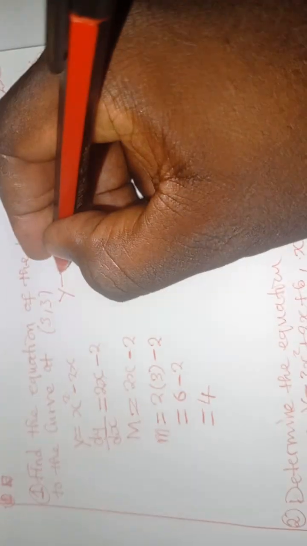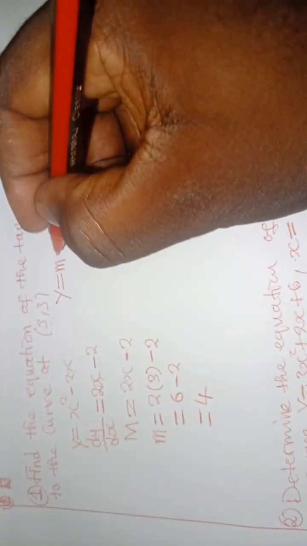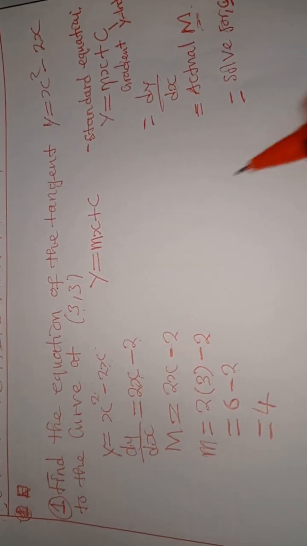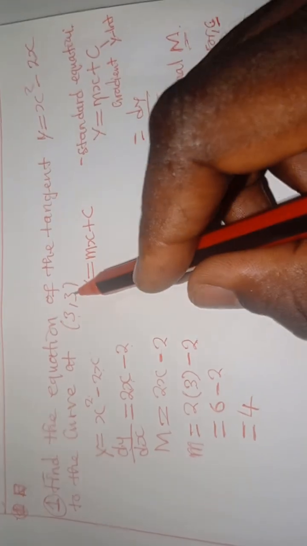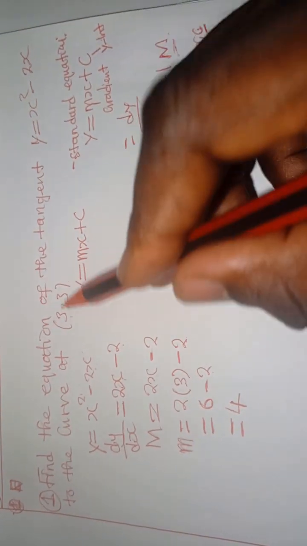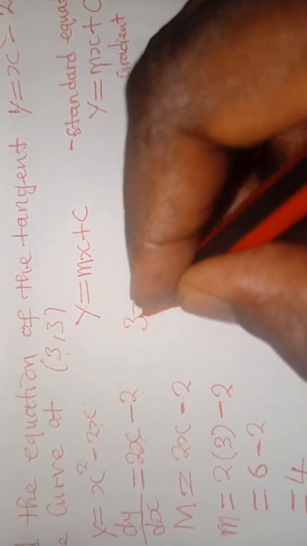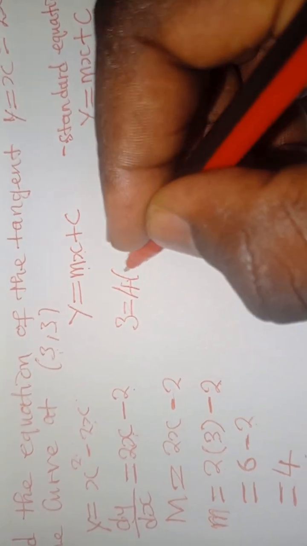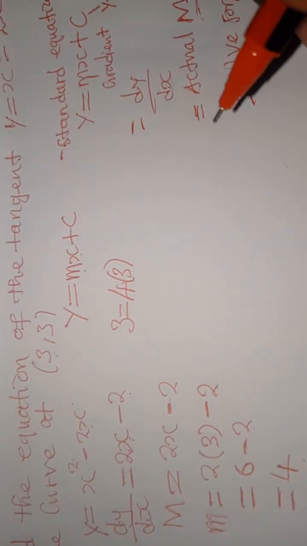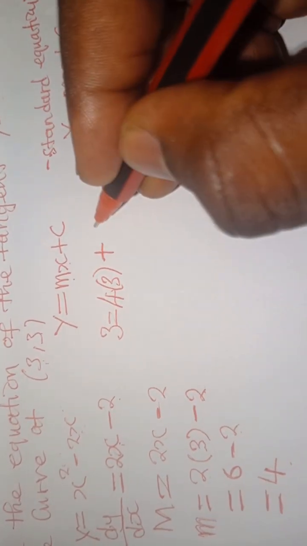So after finding the gradient, we'll now come to the equation. We know that every straight line obeys the standard equation here. So after knowing that, we are now going to say, where there is y, we put the value of y, 3. Where there is x, we put the value of x, 3. Where there is m, we put the value of m, which is 4. So it will be 3 is equals to 4, in the brackets is x, which is 3, plus c, what we are solving for.